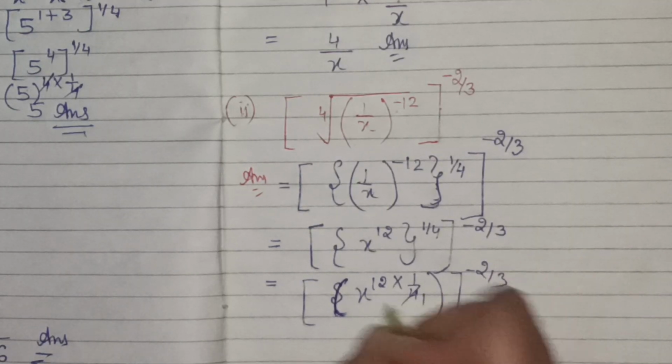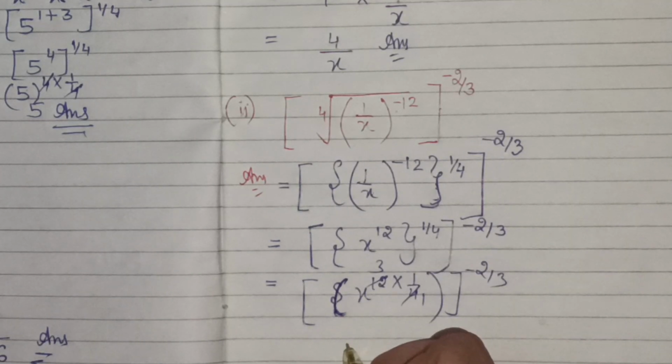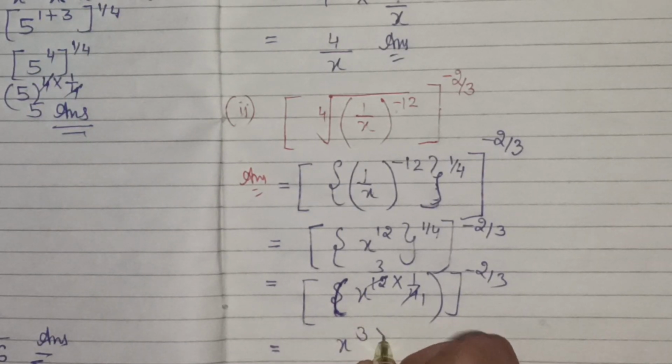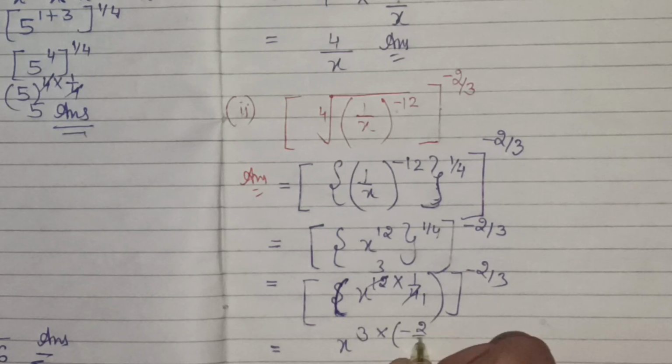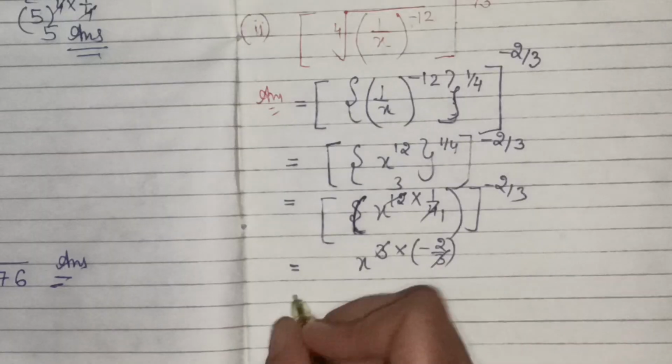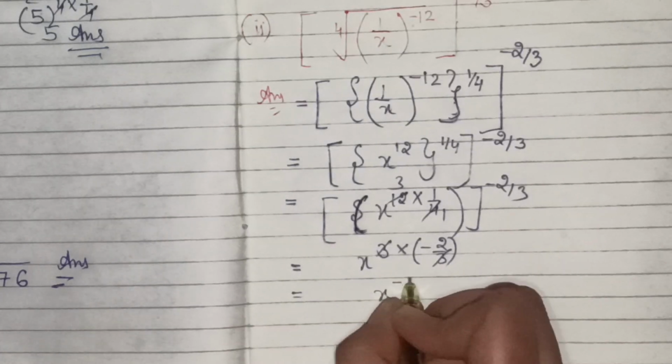Here 4 ones are 4, 4 threes are 12. Here it becomes, now I write it as x raised to power 3 multiplied by minus 2 upon 3. This 3 cuts this 3 and we have remaining here x raised to power minus 2.